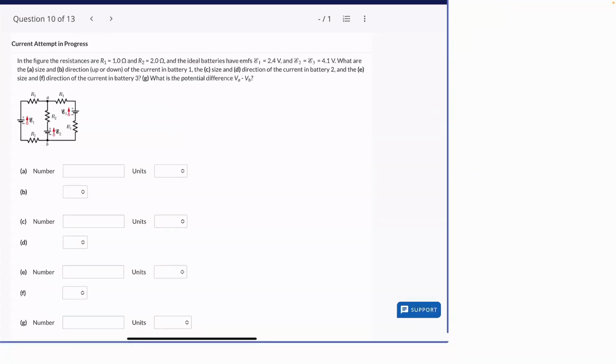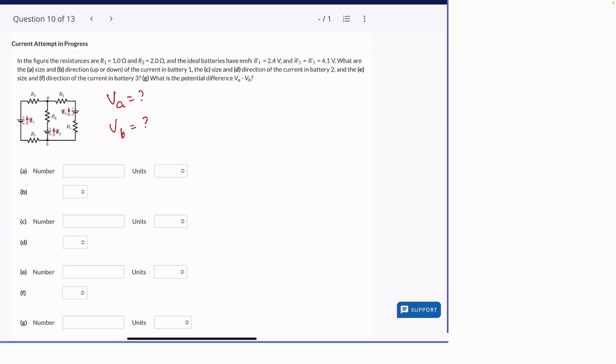Okay, we're looking at this point right here and this point right here, right? So how do I find the potential at A? How do I find the potential at B?